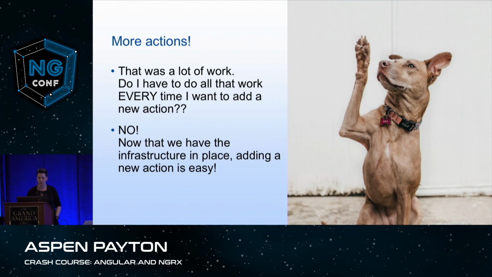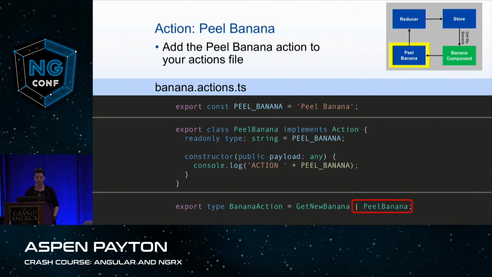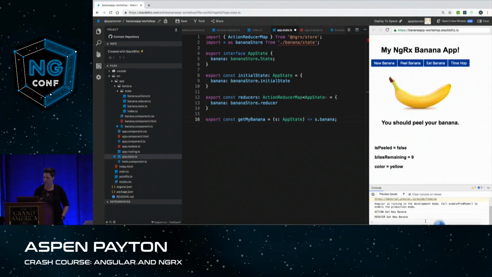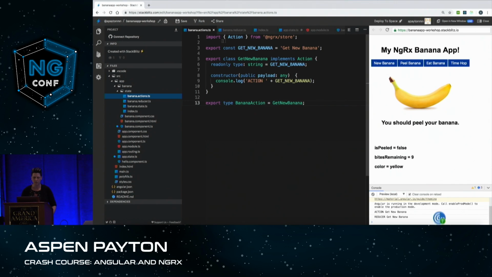The next thing that we want to do with our banana is peel it. In order to do that, the first thing we need to do is go into our actions.ts file and add the peel banana action. I'm all for code reuse, so really you can just copy and paste the existing get new banana action and change the name of it a little bit, and we'll be good to go. So we're going to jump back over to our StackBlitz, go back to our banana actions file.